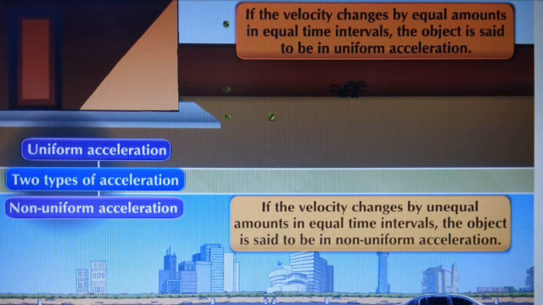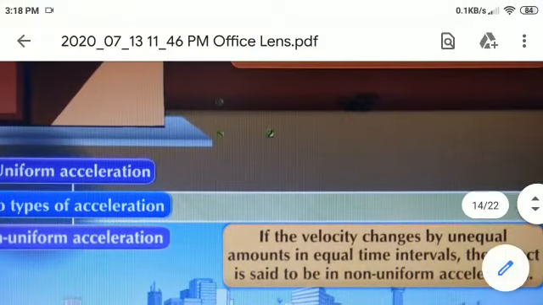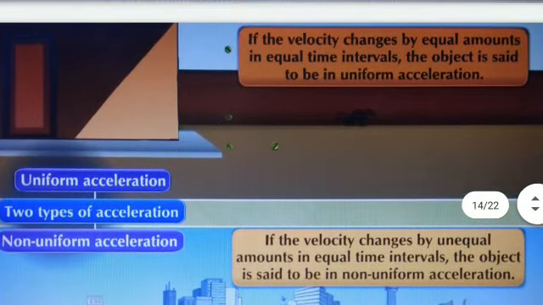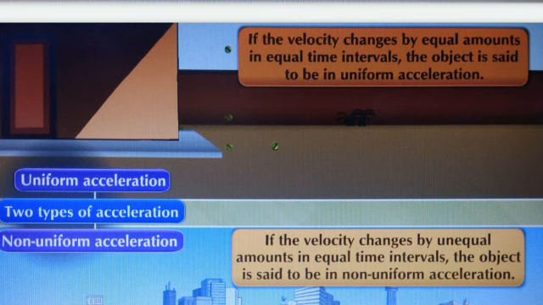I will repeat again. What do you mean by uniform acceleration? If the velocity changes by equal amounts in equal time intervals, the object is said to be in uniform acceleration. And another type is non-uniform acceleration.